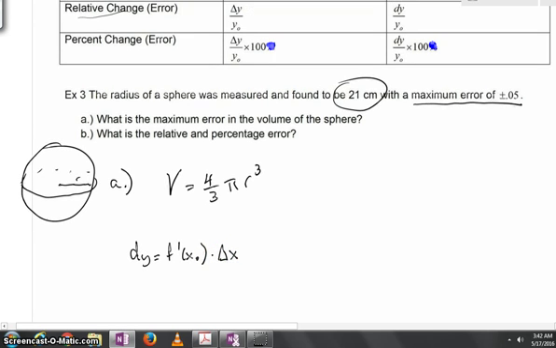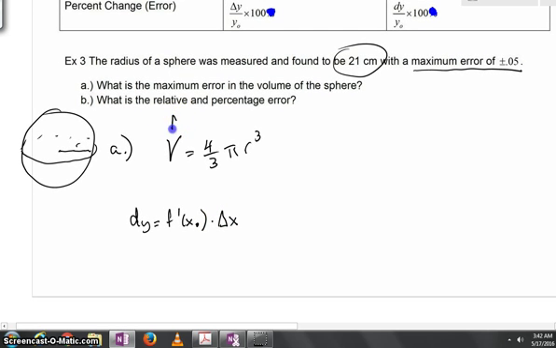The thing is, what we're really looking at is this is our function. You could call it f, or you could call it y. But really, I'll just keep it as a v. But it's not a function based off of x, dependent on x, it's dependent on r. So what we can do is say dv would be f prime of r naught times delta r.